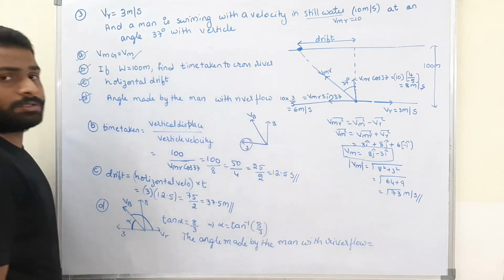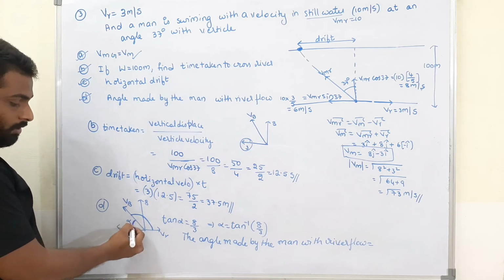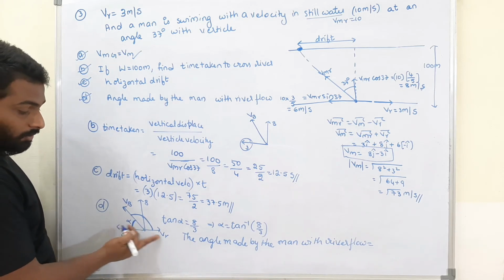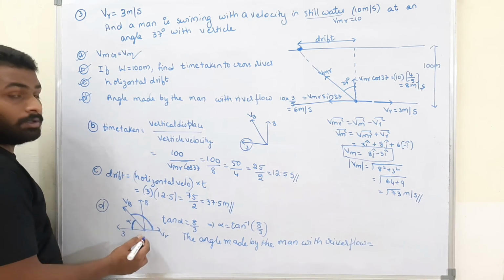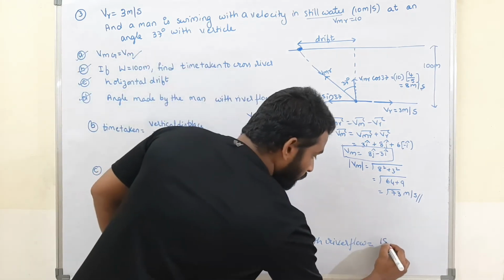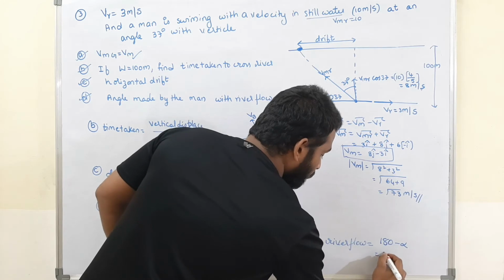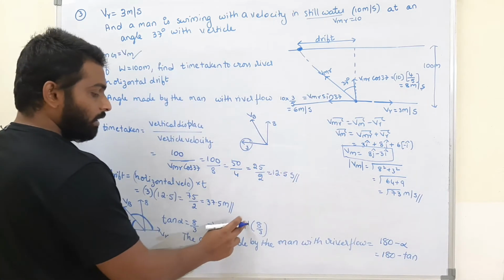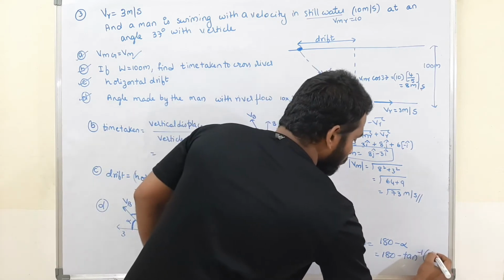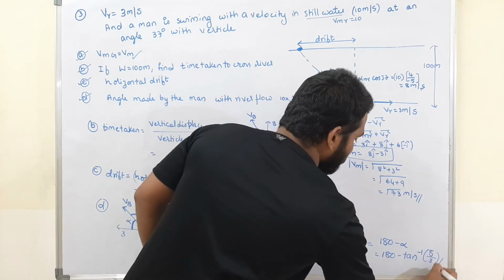The velocity of man, with what angle is it made? 180 minus alpha. Therefore, 180 minus alpha is tan inverse 8 by 3.